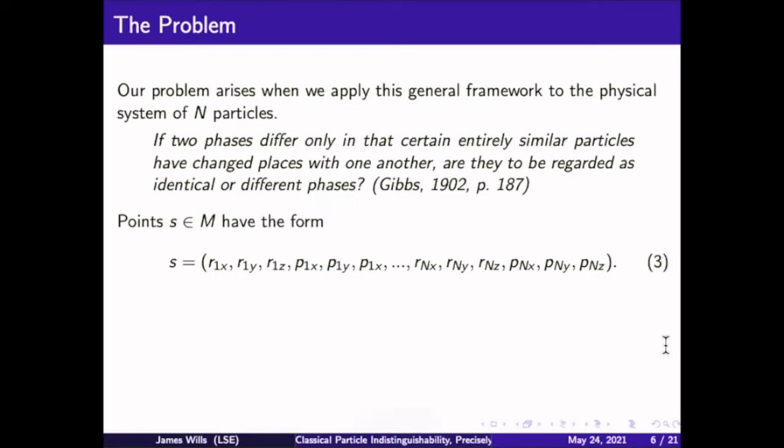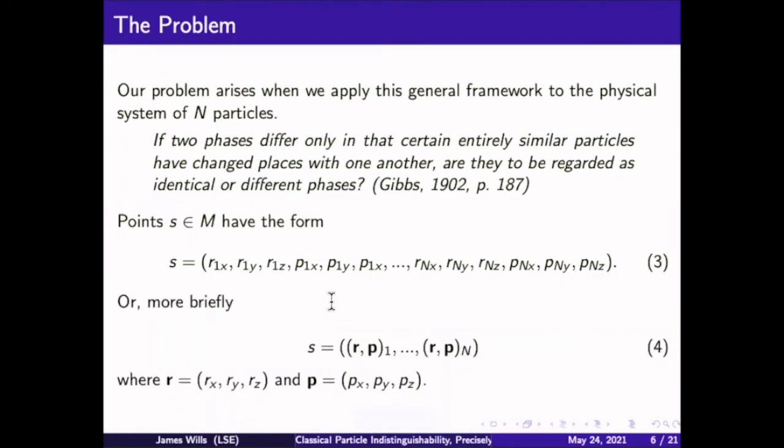For the system of n particles, points in the manifold take this form. So we have 6 coordinates for each particle: the x, y, and z positions and the x, y, and z momenta. More briefly, let's represent them like this.